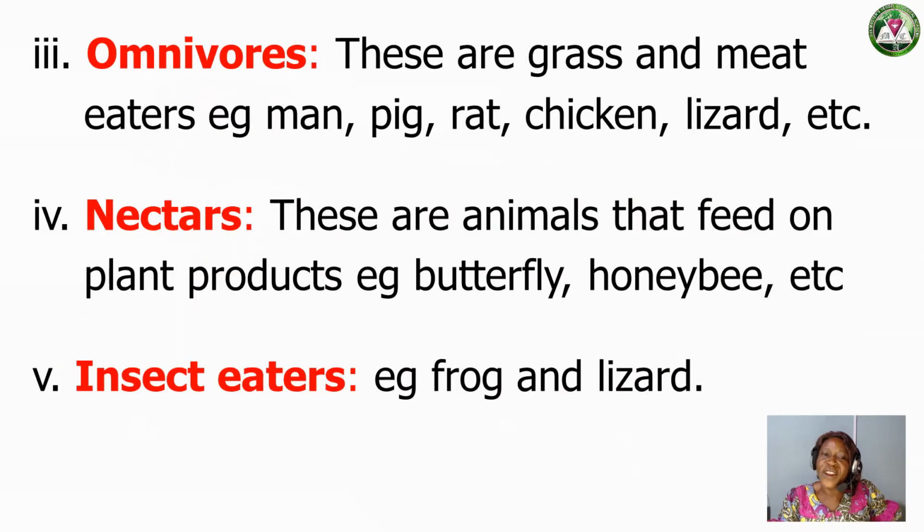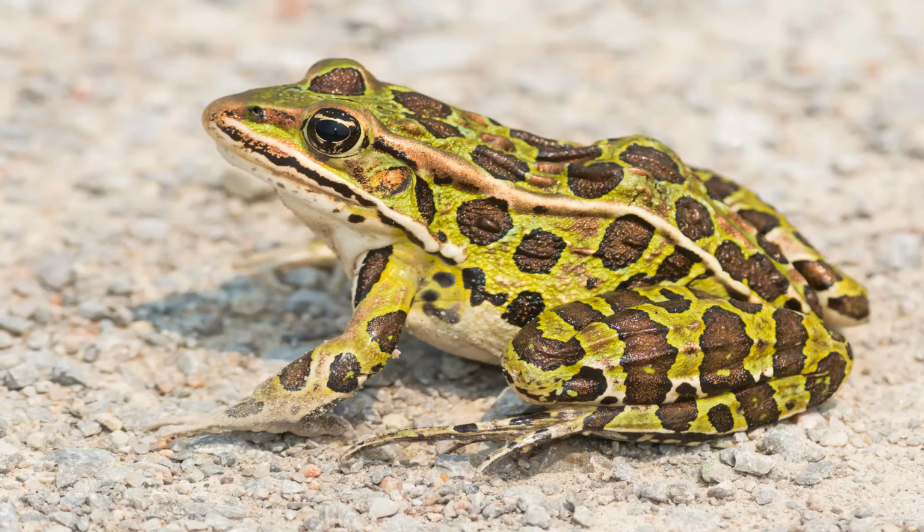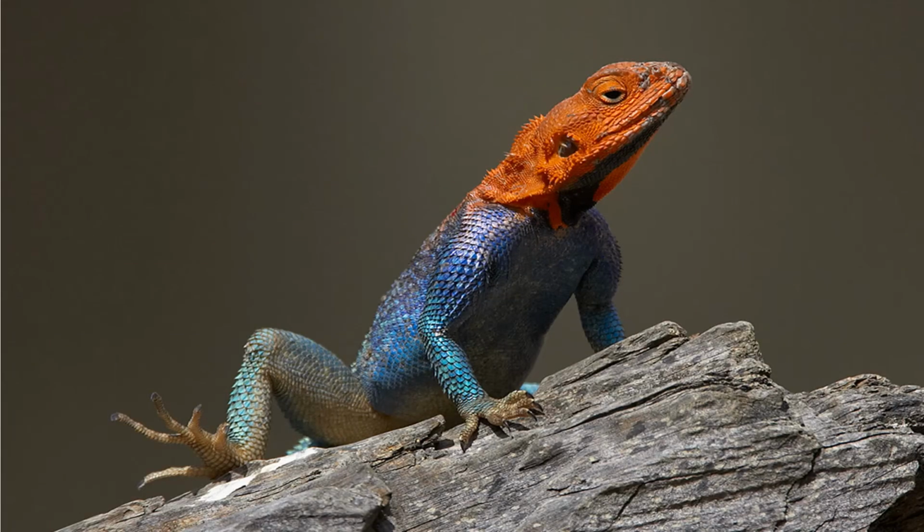Lastly, we have the ones that feed on insects. They are called insect eaters. Examples of such are frog and lizard.